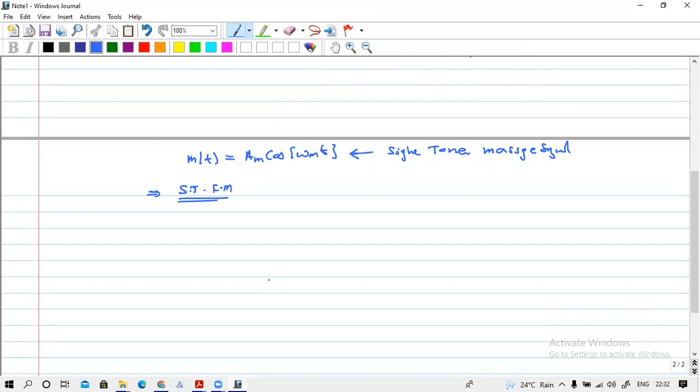To write the waveform for a single tone frequency modulated signal, you have to send the message signal through an integrator and you will have the integrated signal.